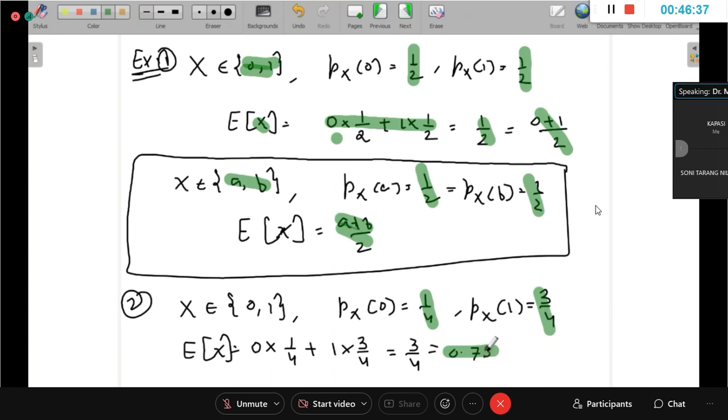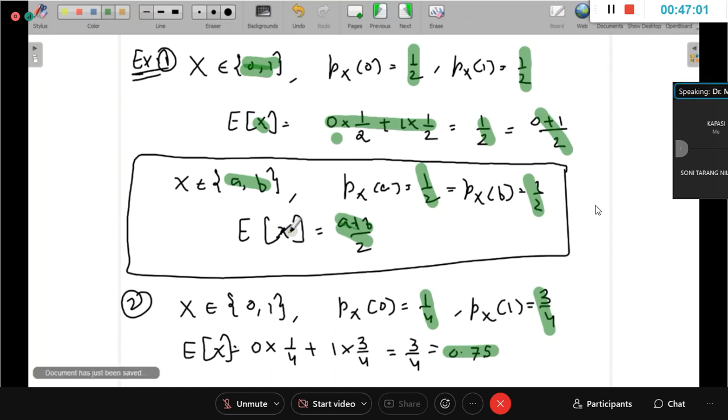What it tells you is that in the long run, it is going to be close to 1. 0.75 is close to 1. So in the long run, there is a high probability that the value of X is 1. This is how you will interpret this.